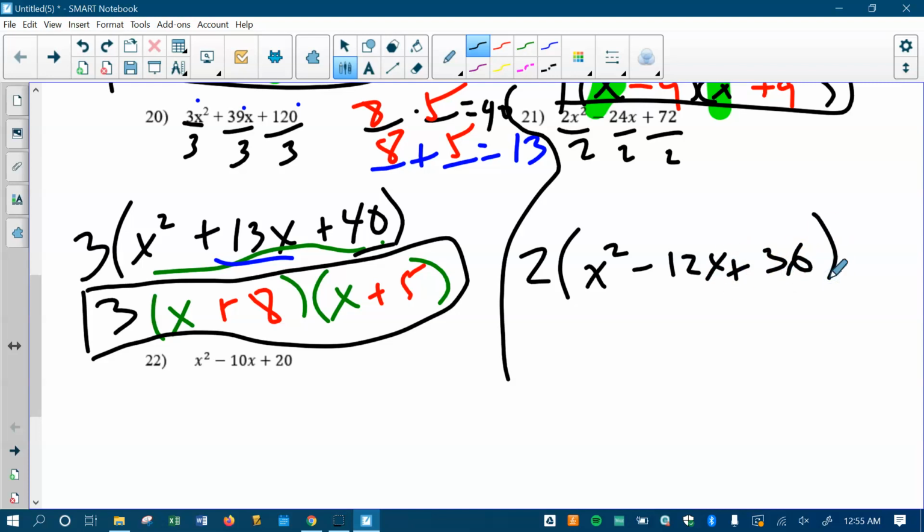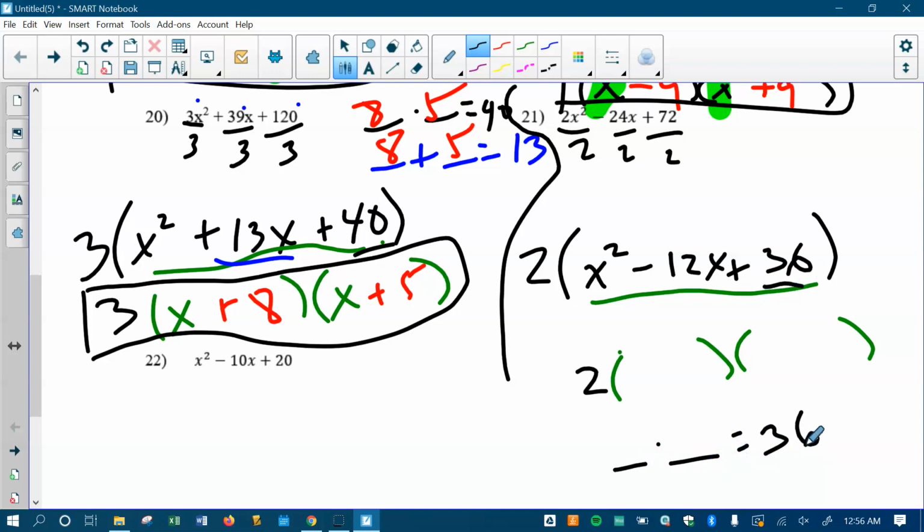So now what I'm looking for is again, I have this opportunity here where I can break down the problem a little bit further with the Foster method. And the Foster method, again, if you're not sure, is a number times a number equals 36, and a number plus a number should be equal to negative 12.